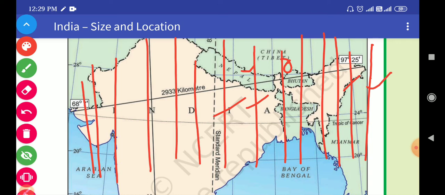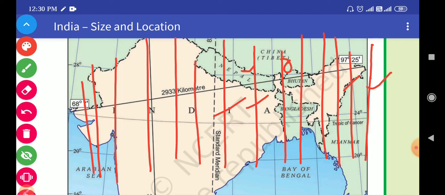Because of this, there had been lots of confusion in forming uniformity in the time. That is why we have selected one important longitude by which we can decide the time for the whole nation.